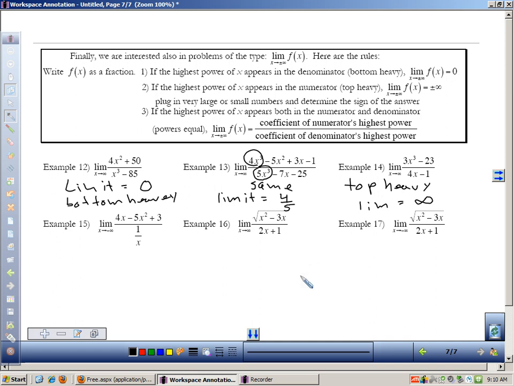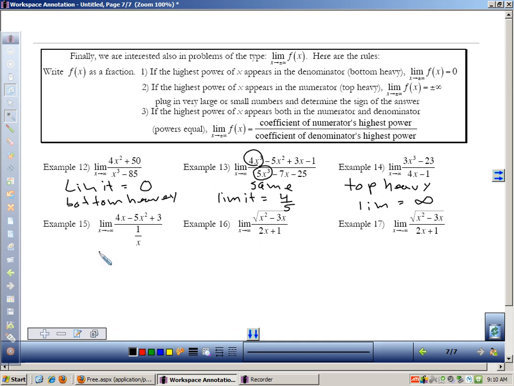Let's look at number 15 now. Number 15 is a little tricky. The limit as x approaches infinity of 4x minus 5x squared plus 3 divided by 1 over x. We could look at the powers, but rather than doing that, let's simplify this a little bit. What's the same as dividing by a fraction? Multiply by the reciprocal.